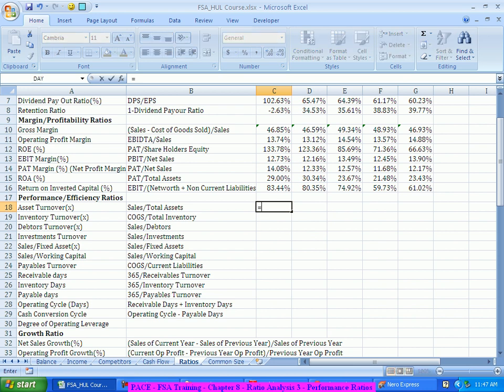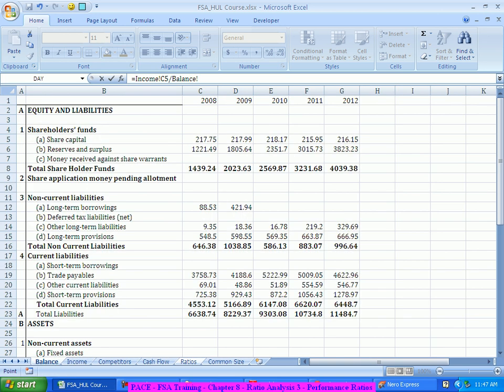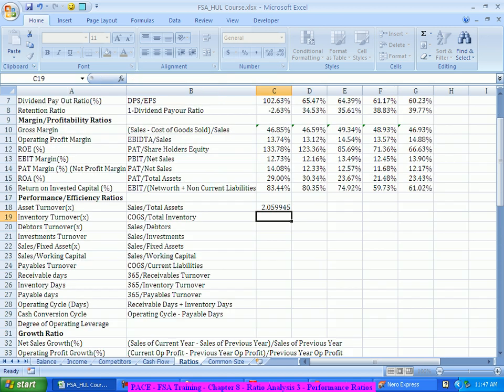Right? So in this case, I will get something like sales divided by total assets, which will tell, so every 1 rupee of asset is generating 2 rupees of sales.